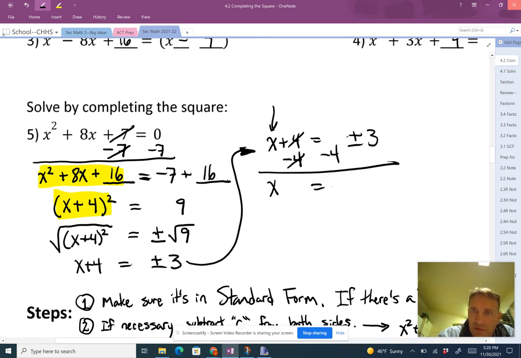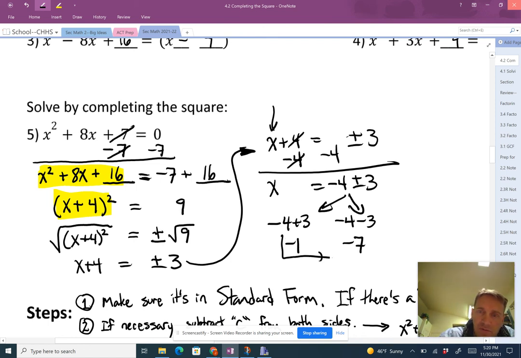X then is equal to negative 4 plus or minus 3. And recall that this is minus 4 plus 3, or minus 1, or minus 4 minus 3, which is minus 7. And so negative 1 and negative 7 are our two solutions.